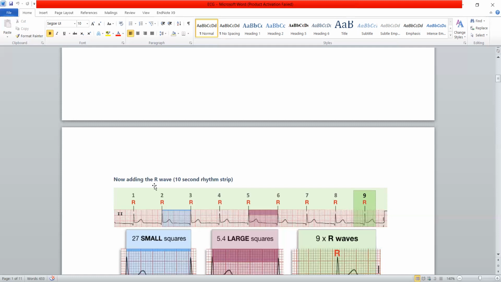The rhythm strip is usually at the bottom of the ECG, and lead 2 in the ECG is usually the rhythm strip. And it is usually 10 seconds long.